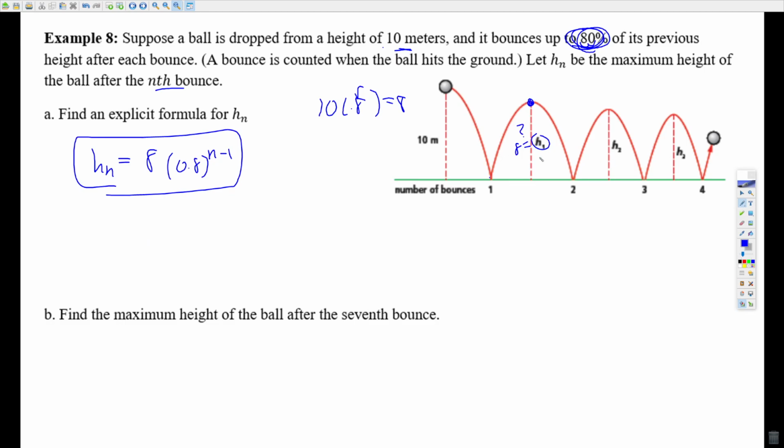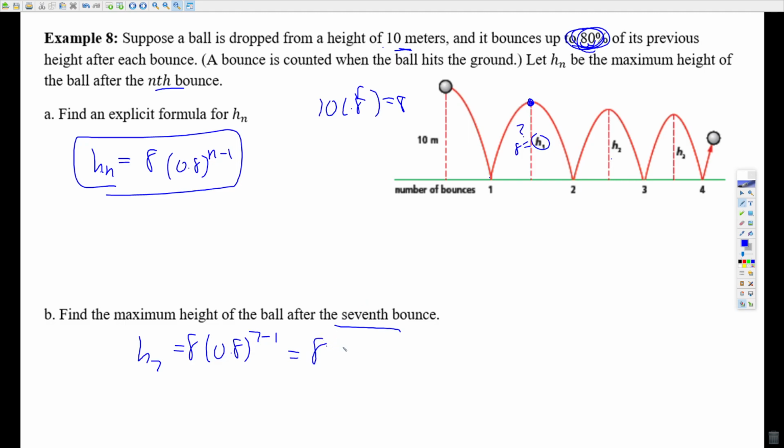And then for the rest of these, we don't have to find them all, but now we can figure out what the maximum height of the ball is after the 7th bounce by plugging 7 in for n. So it's h sub 7 equals 8 times 0.8 to the 7 minus 1. So we do the 0.8 first to the power of 6.